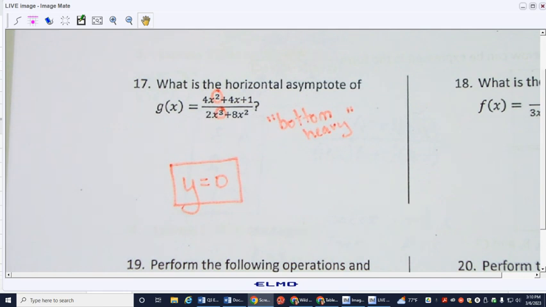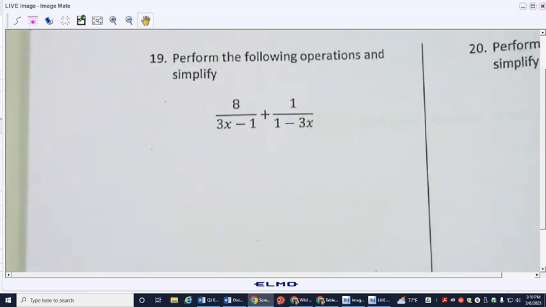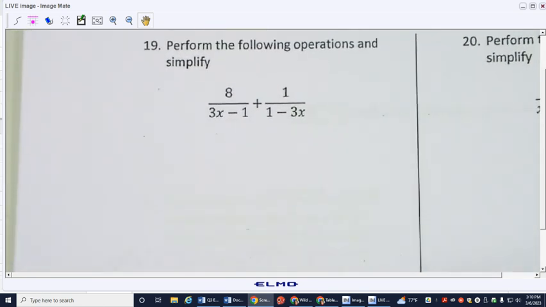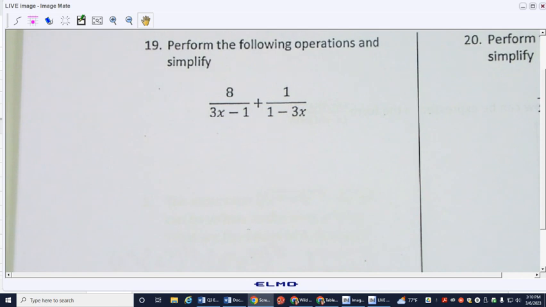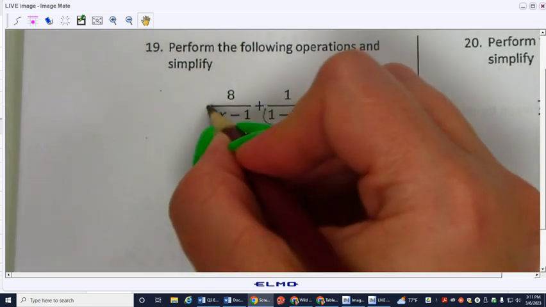Questions on 17? Okay, let's look at 19. 19's a fun one. Perform the following operations and simplify. So they have to have the same denominator, which means I'm going to multiply the first fraction by the denominator of the second fraction.